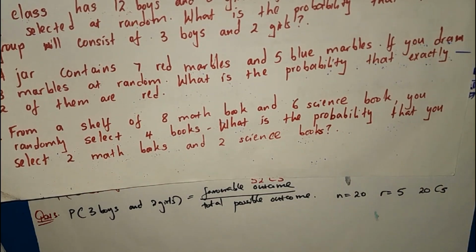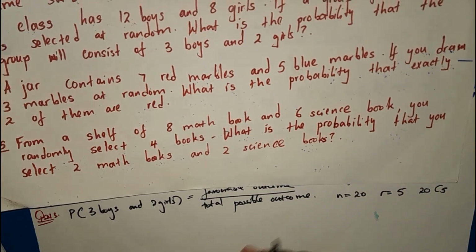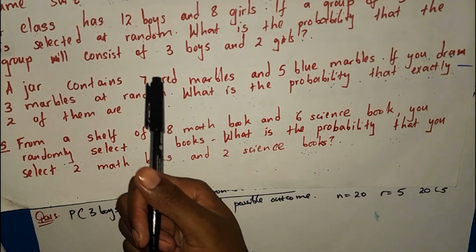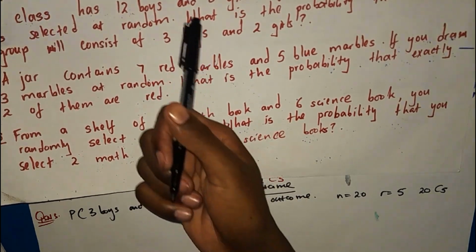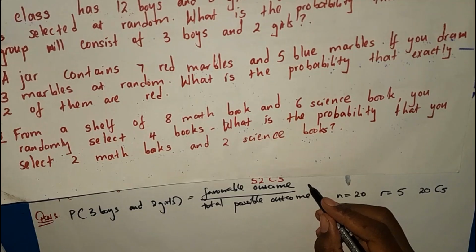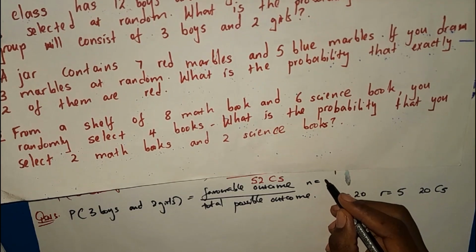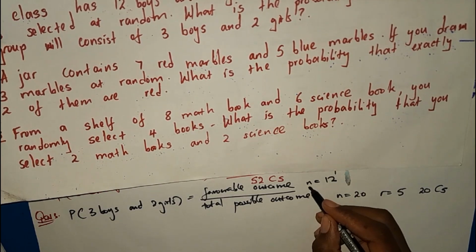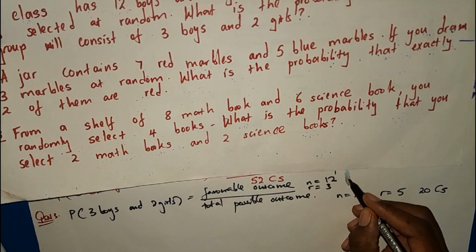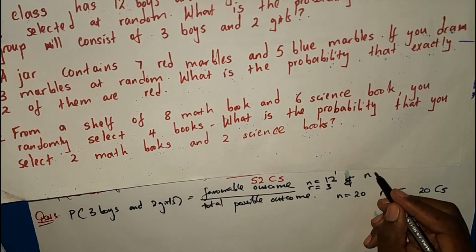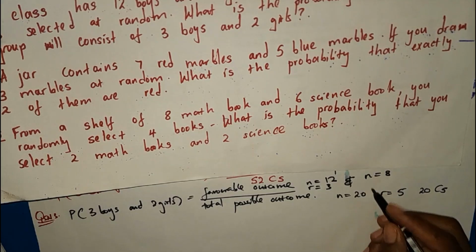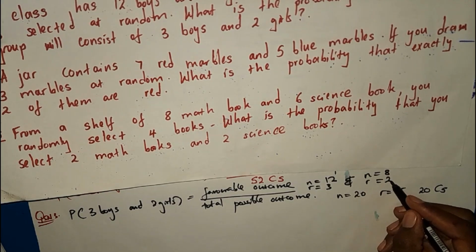And then for the favorable outcome, we are given a condition that we have 3 boys and 2 girls, meaning our n for the boys is equal to 12, and for r we are choosing 3 boys. And for the girls, we have a total of 8 girls, and we need to choose 2 girls.